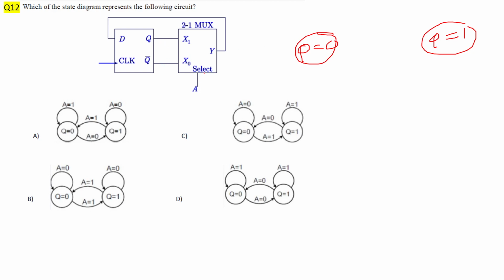When a equal to 0, this line will be selected and y equal to q bar, then D is equal to q bar, and then q of the next state will be equal to q bar. So that means for a equal to 0, toggling will happen, right? And for a equal to 1, y will be equal to q and q(n+1) will be equal to q only. So this is a equal to 1.